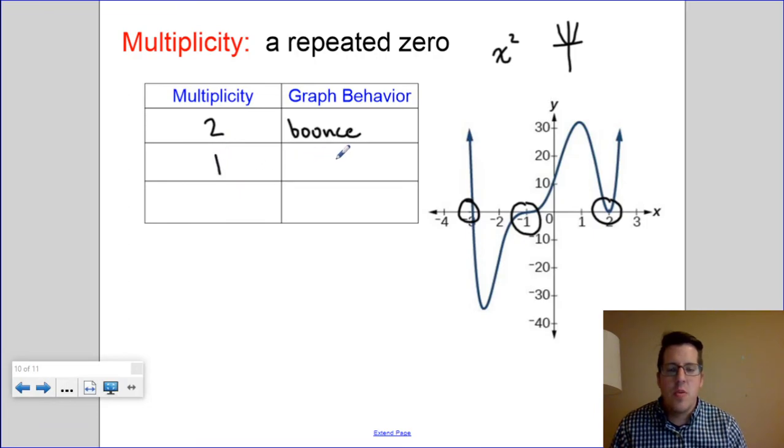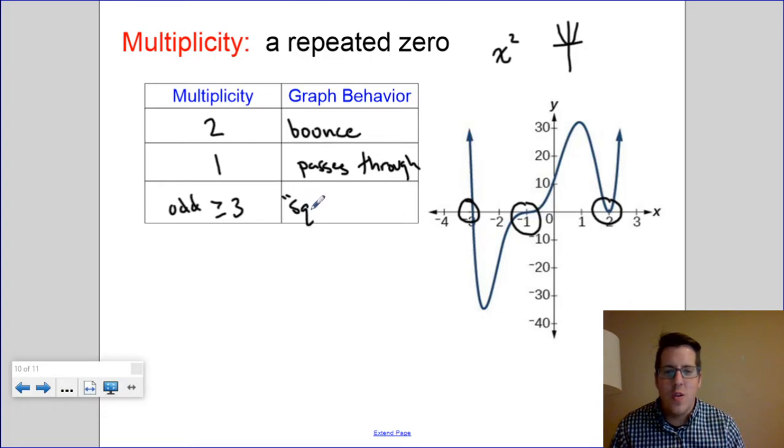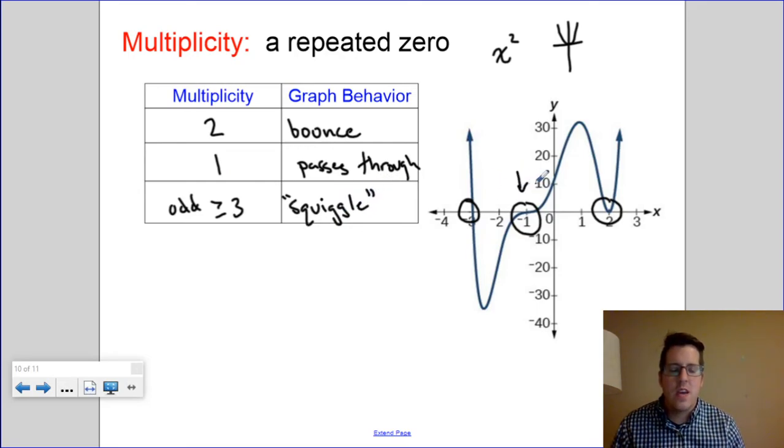When something has multiplicity 1, it passes through, similar to the way that a line would. And when something has odd multiplicity of like 3 or 5 or 7, it is going to squiggle through. So it will look something like this.